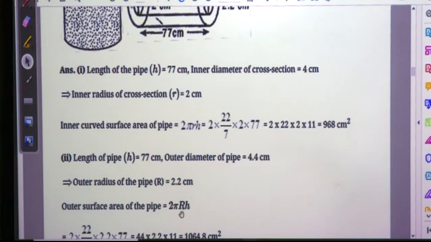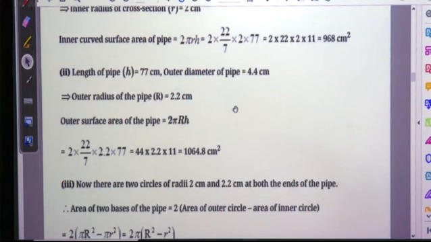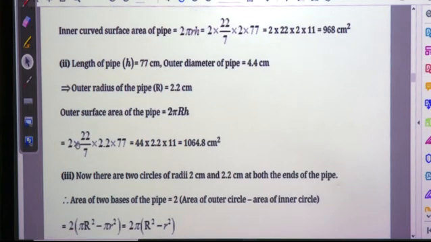Here this R is denoted by capital R, and here this inner radius of cross section was denoted by small r, and outer radius of cross section is denoted by capital R. So, it is 2 pi RH. Proceeding further, 2 into 22 upon 7 into 2.2 into 77.